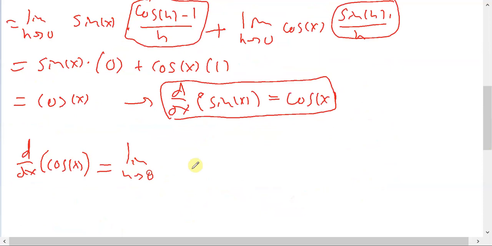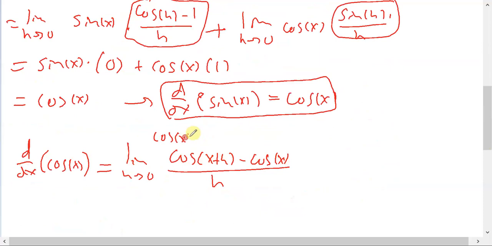If we do the limit as h goes to 0, this time we have cosine of x plus h minus cosine x over h. And cosine has a sum of angles formula. It looks like this: cosine cosine minus sine sine. And then this minus cosine x is going to be over here.